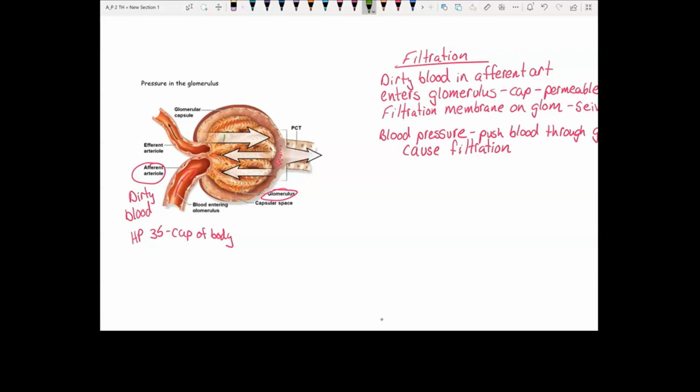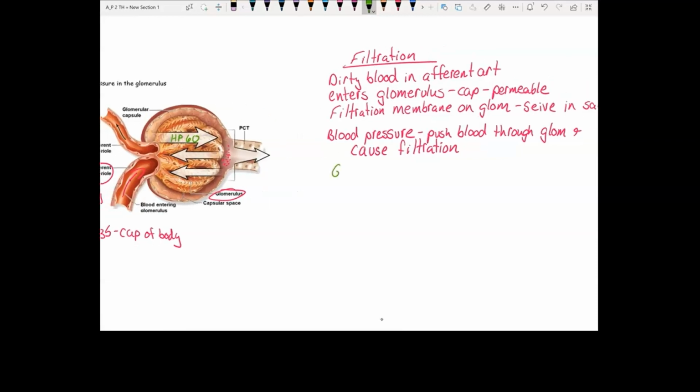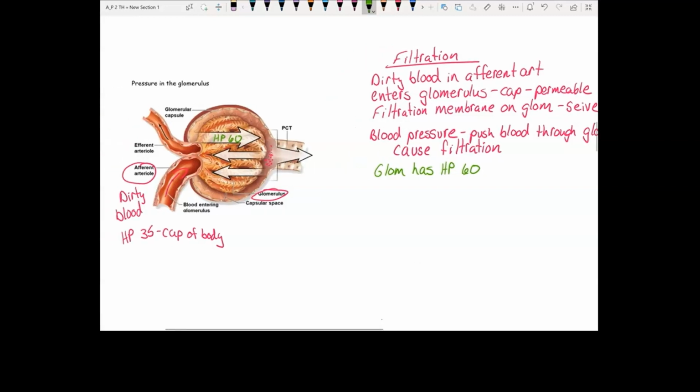I'll do a different color for each of these. So the glomerulus has an HP of 60. That's much higher. Remember, HP stands for hydrostatic pressure. So that's the blood pushing against the walls of the capillary.